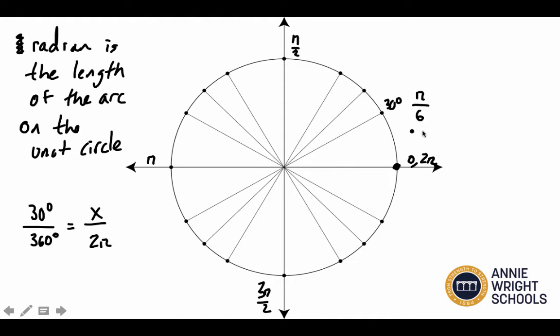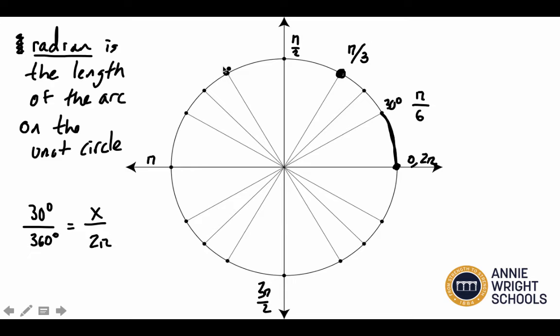Now I'm going to use that pi divided by 6. That's the length of this arc. And the mathematician just defines the radian measure of an angle as the length of the arc for the same angle on the unit circle. So now I'm just going to add that length again here, and I'm going to get 2 pi over 6, which reduces. I'm going to add it again. I'll get 3 pi over 6.